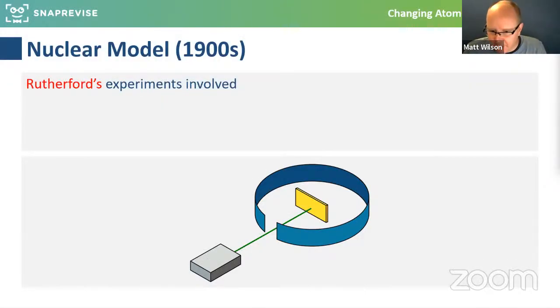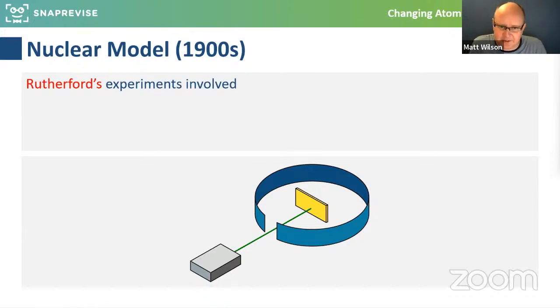So one of the most famous experiments which you will need to know about is Rutherford's experiment, sometimes called the alpha scattering experiment. At the beginning of the 1900s, the nuclear model replaced the plum pudding model, and it was Ernest Rutherford who discovered that some materials emit alpha particles, which is a kind of radiation.